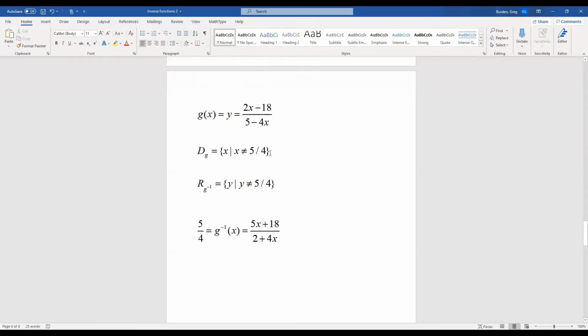So it doesn't look like it's necessarily the same set, but these two sets are actually the same set.